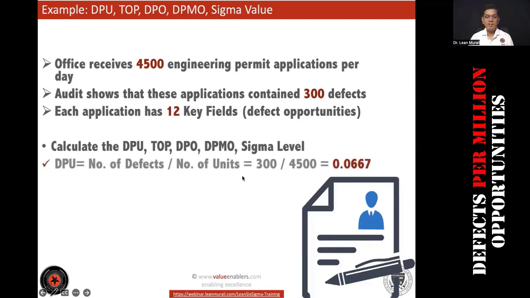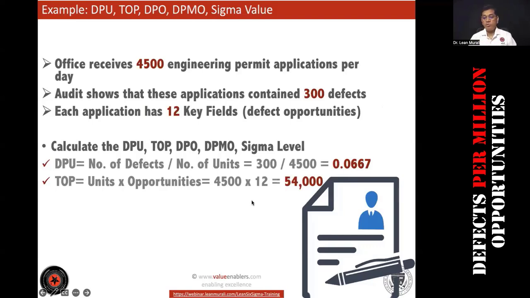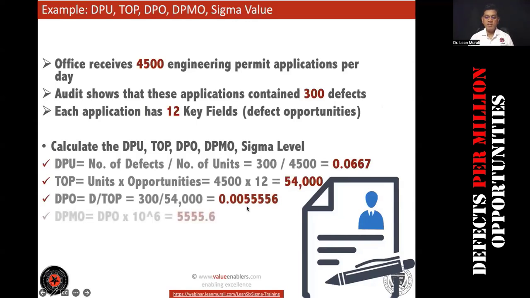If you want to calculate, please write in your notebook: defects per unit is 300 defects by total units, which is 4,500, and the total number of opportunities is 4,500 times 12 key fields, which is 54,000. Defects per opportunity is this, and DPMO is this, and finally you get from the table the sigma value, which is 4.04.